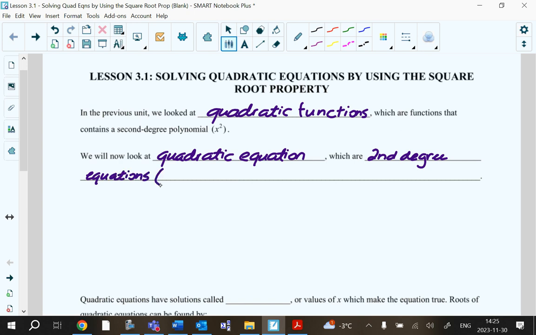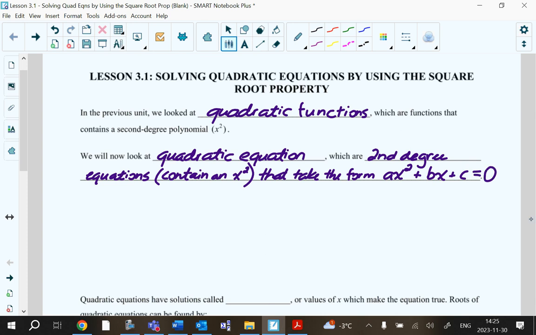And how do we recognize second degree equations? We see an x squared. Okay. And they take this form. And it looks like standard form from the functions we did. Ax squared plus bx plus c, not equal to y, but equal to a number, equal to 0.